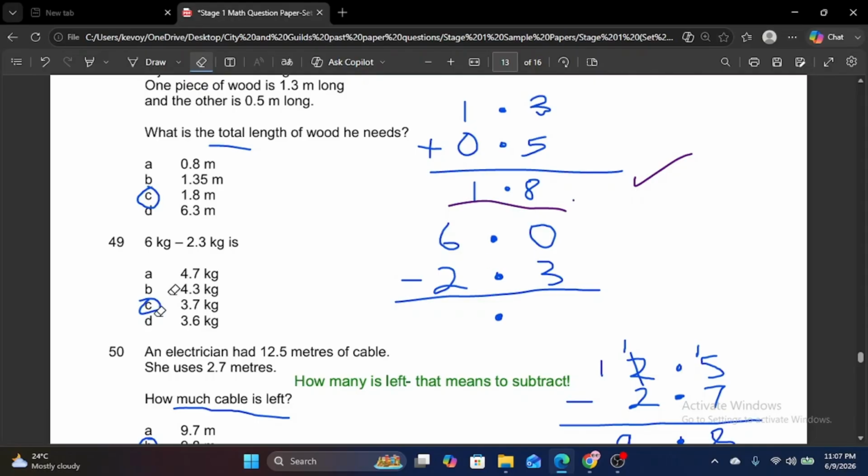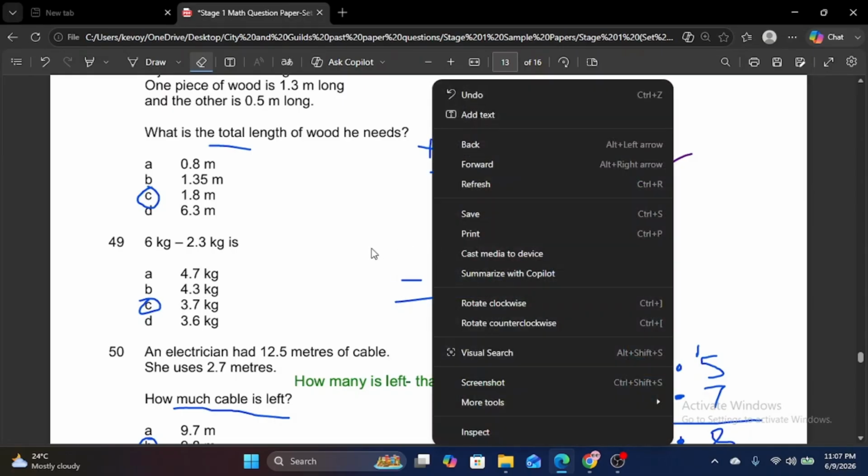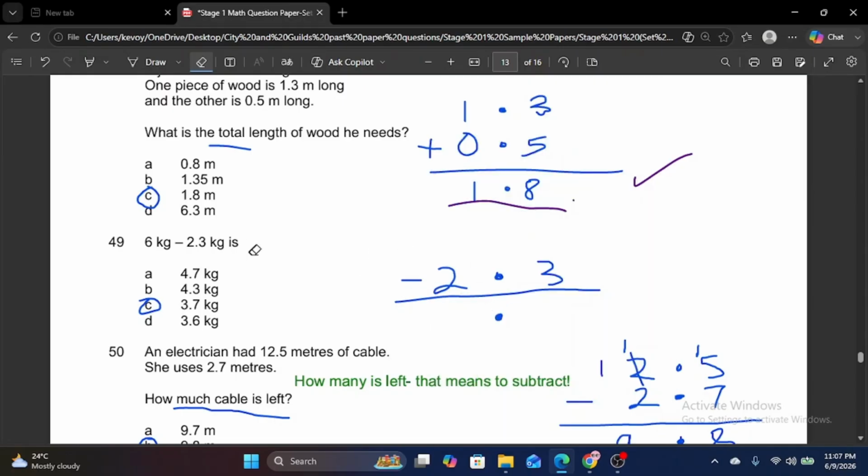All right. So 6 grams minus 2.3 grams is. So what I did was just to ensure that I wrote down the decimal number 2.3 and I ensured that there were enough space, right? So I'm just gonna have my 6 now, which is my whole number, point.